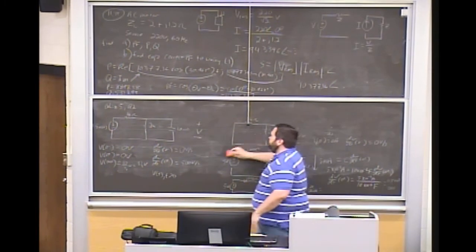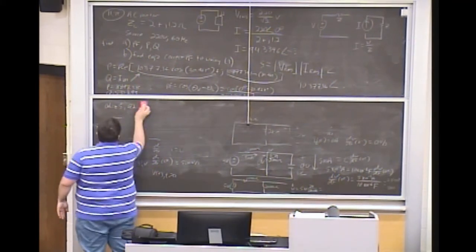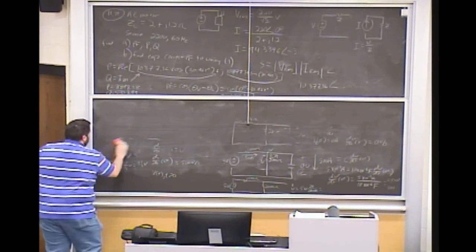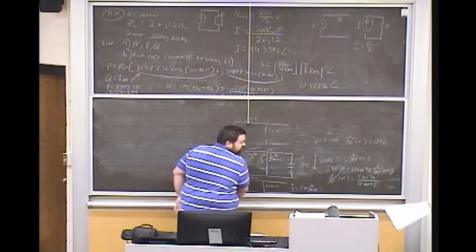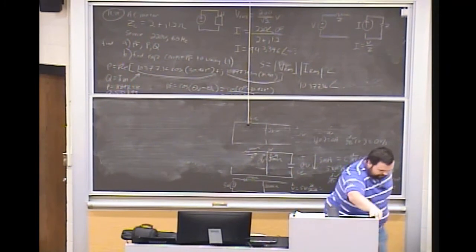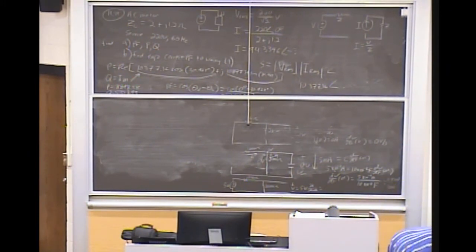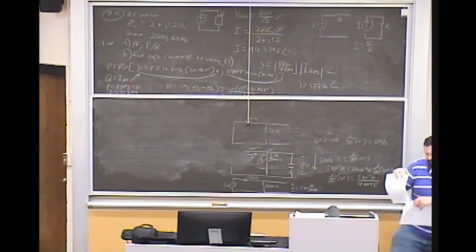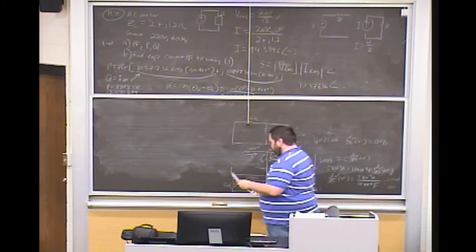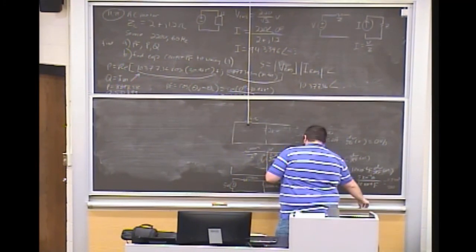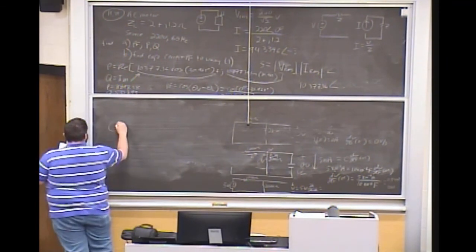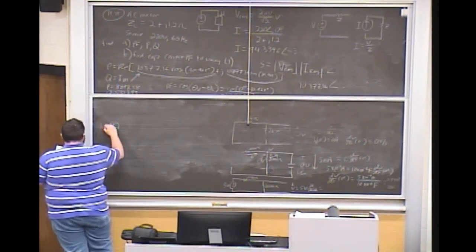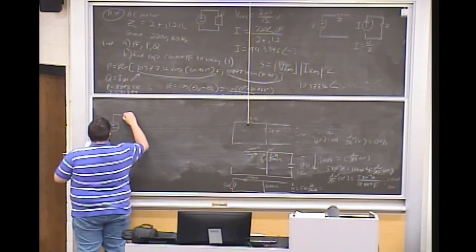Let's go ahead and look at it. All right, so this is problem 7 of test 2. You were given a DC 10 volts, a 1 kilo ohm resistor.